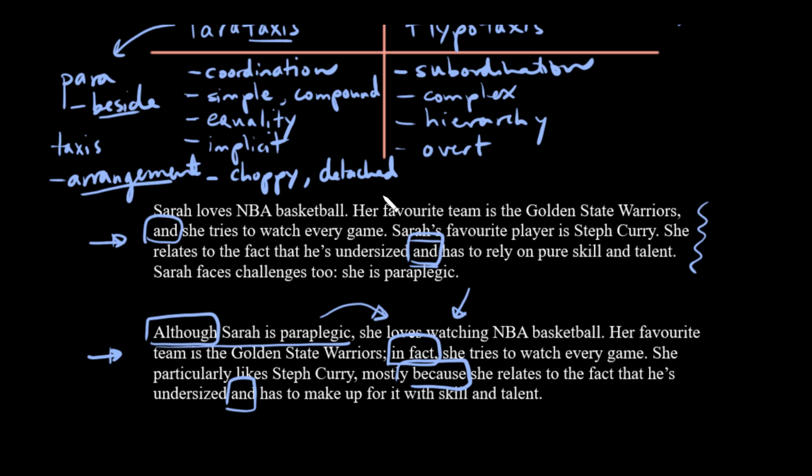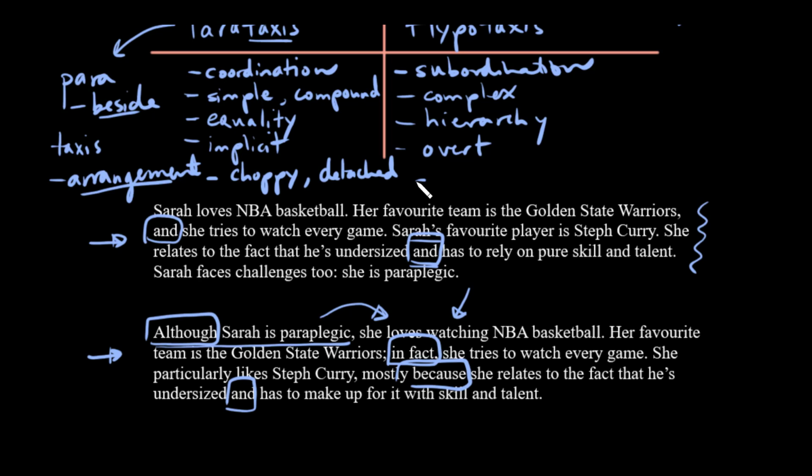Whereas with hypotaxis, there's really a sense in which we are investing ourselves in the facts. We're creating order. We're saying, well, this is important, that's less important. And so we're less emotionally detached, intellectually detached. We're much more trying to arrange all of the material in a form that makes sense to us.